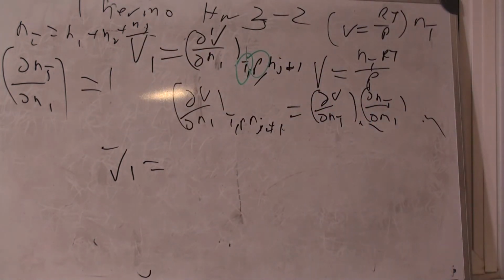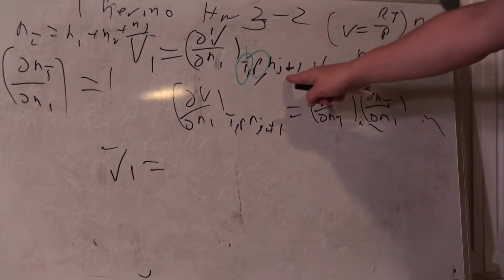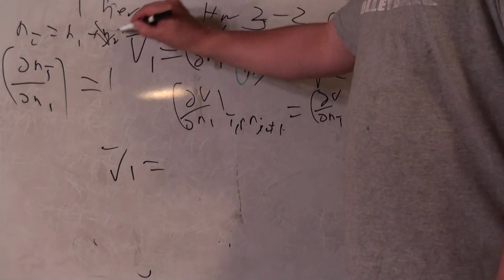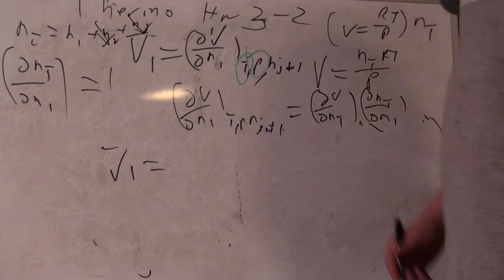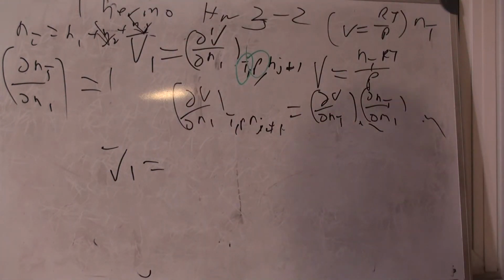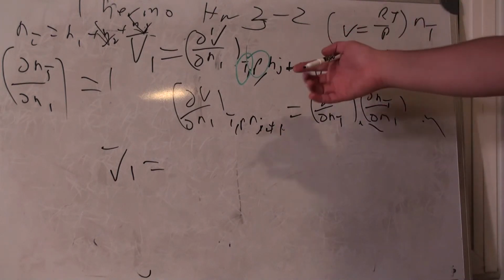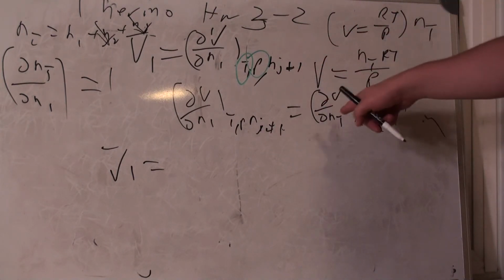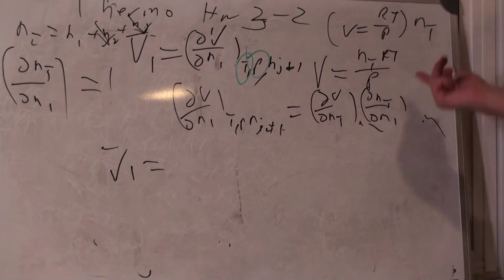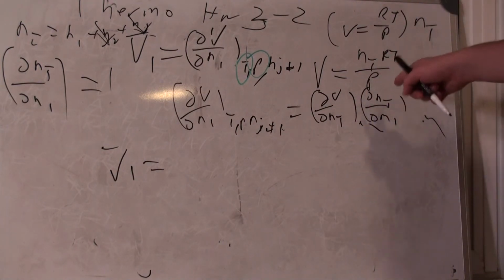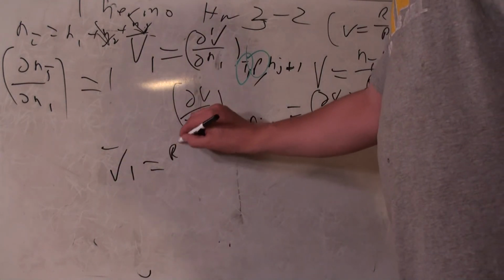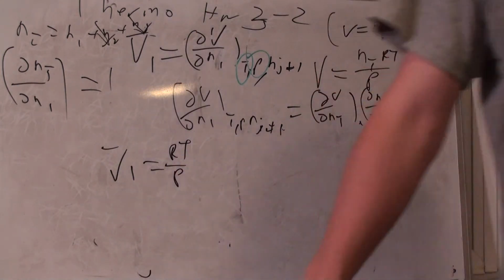What's dN2 dN1? Should be 0 because everything else is kept constant. So that's constant, that's constant, and what I'm left with is 1. And dV dNT keeping everything else constant is RT over P times 1, which is RT over P.